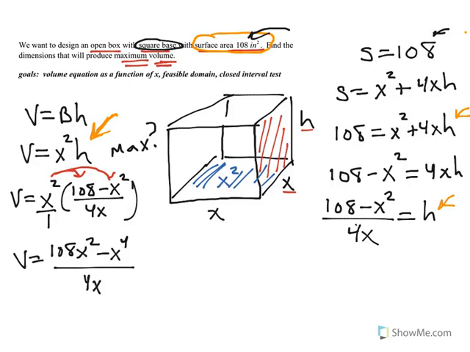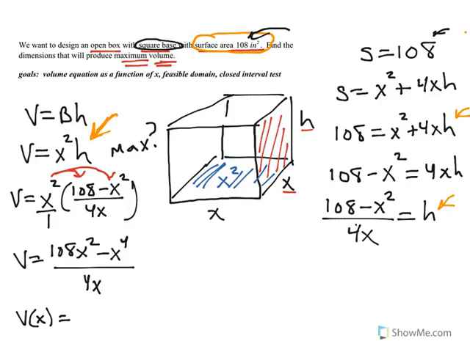And everything is being divided by 4x, so this is technically a function of x now. You could call it v of x now. Back earlier it was a function of x and h, so it was not a function of just one variable. Now we have the volume as a function of one variable.